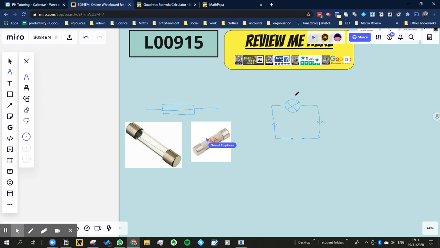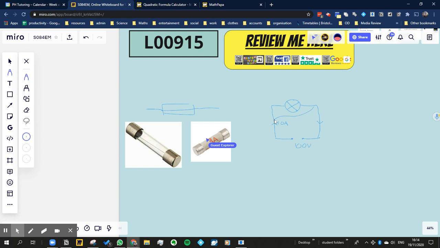Then maybe the normal working current that went through this, if we know the voltage is 100 volts, is going to be, say, 10 amps, right?